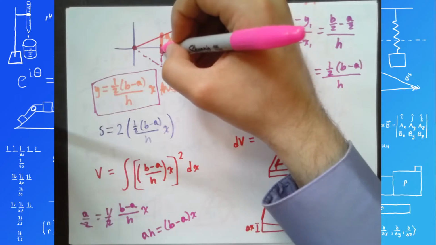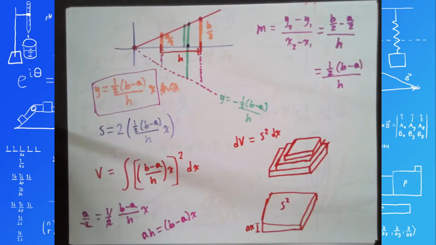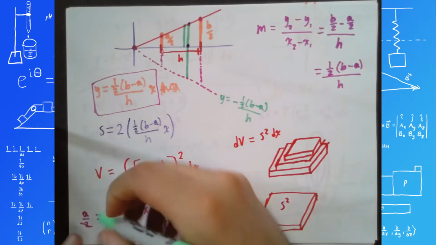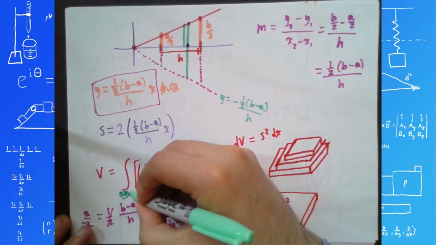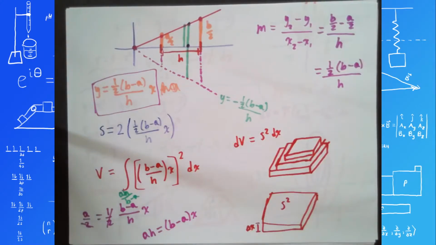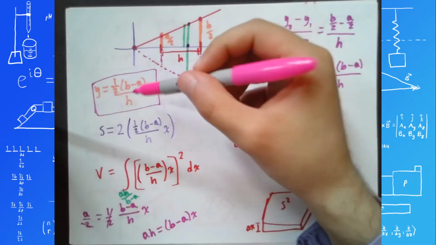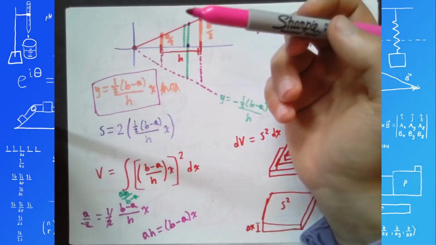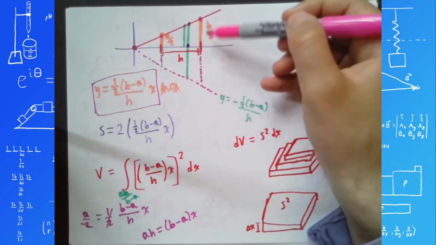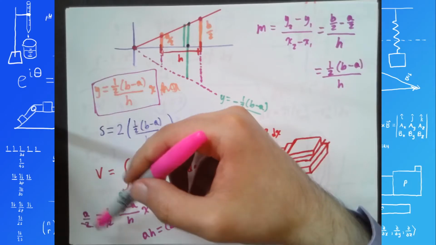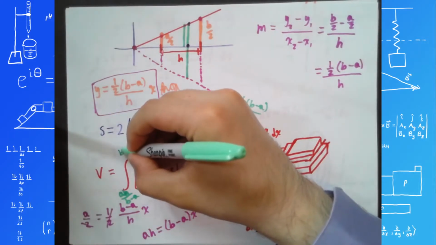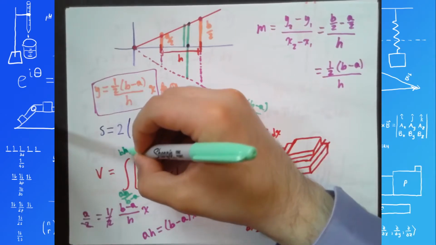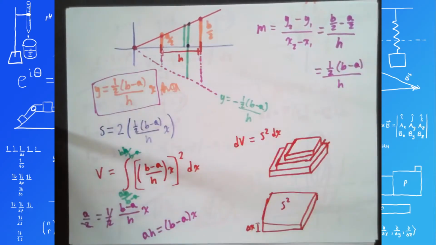So it looks like our starting x is going to be, I guess I'll write it in green, our starting x is AH over B minus A. And then we're integrating to, if I follow the same process I did here in pink, but instead of A over 2, I started with B over 2, then I would end up with BH over B minus A. I would end up with my top bound being BH over B minus A. And the way I've written that, it's probably not even legible anyway.